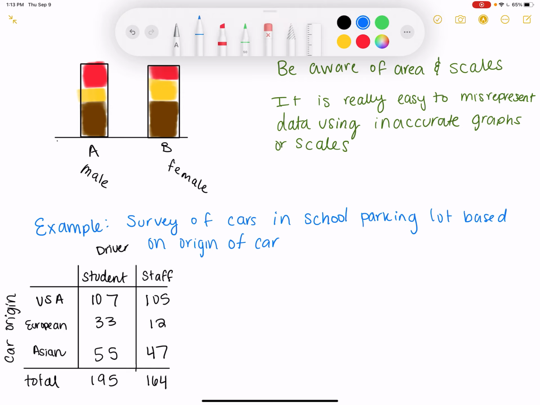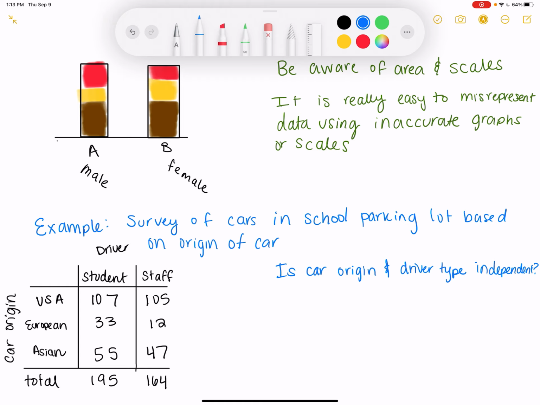So then we want to know, is car origin and driver type independent? Can you explain what that means again? Yeah, I'll go back up to it, but I guess I probably shouldn't do that while everybody's writing.